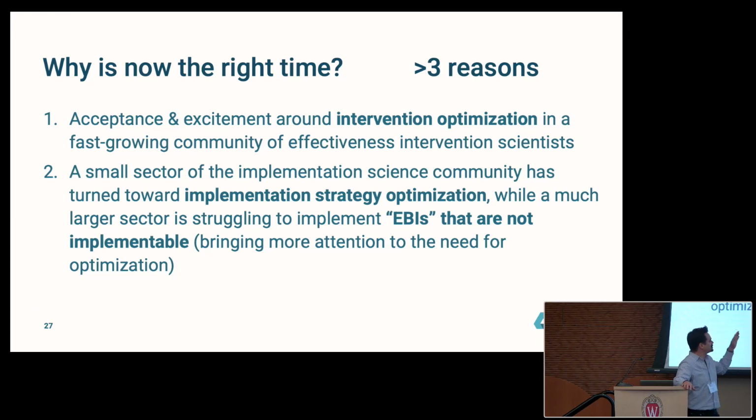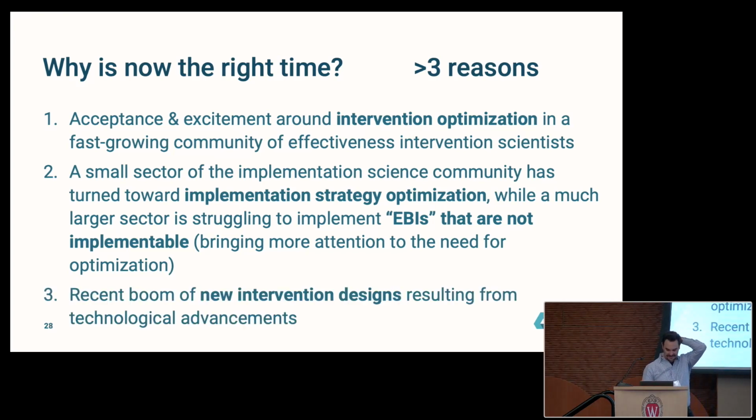So how interesting is that? But the thing is, the second one is actually bringing more attention to the need for intervention optimization. Because part of the problem is we never position things in the real world. But optimization is doing that. You guys see that?